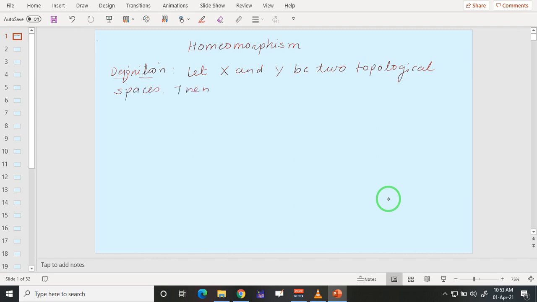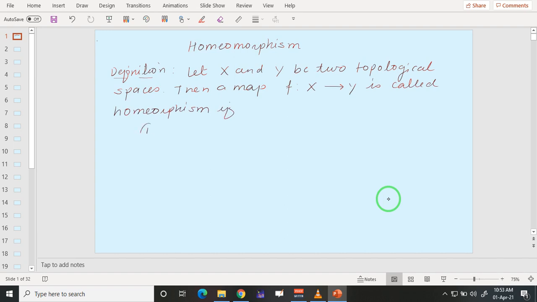Then a function, a map, say f from X to Y is called a homeomorphism if there are 3 points.